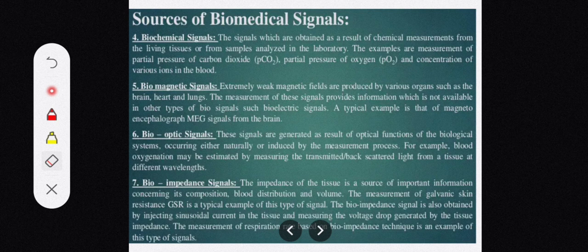The bioimpedance signal is also obtained by injecting a sinusoidal current in the tissue and measuring the voltage drop generated by the tissue impedance. The measurement of respiration rate based on the bioimpedance technique is an example of this type of signal.